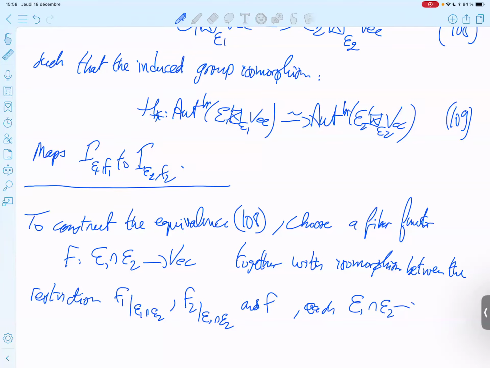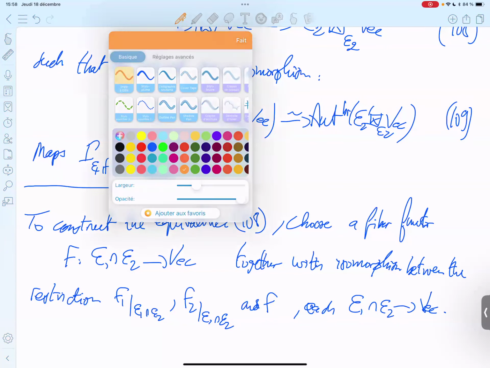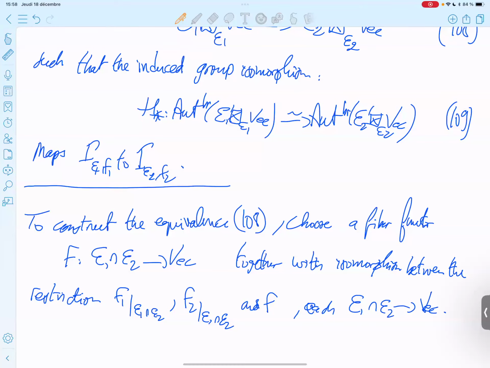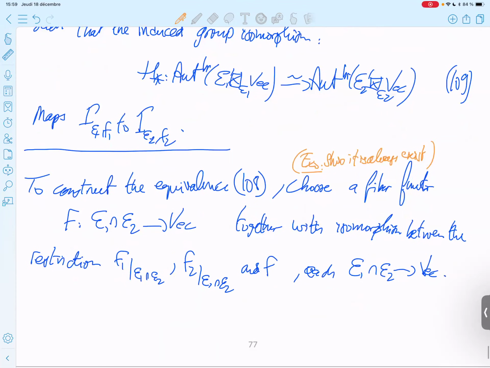As an exercise, you need to show that it is possible. Such a fiber functor always exists. Okay.